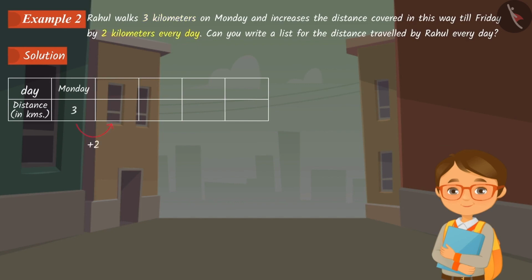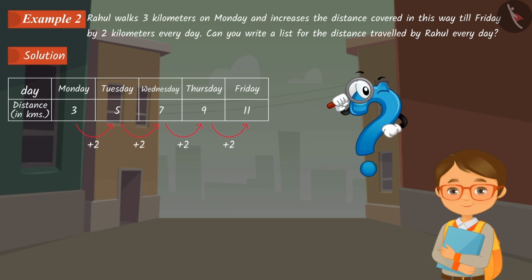Because he increases the distance travelled by 2 kilometers every day, the distance travelled by Rahul on Tuesday would be 3 plus 2 is equal to 5 kilometers. Thus, the distance travelled each day can be found by adding 2 to the distance of the previous day.